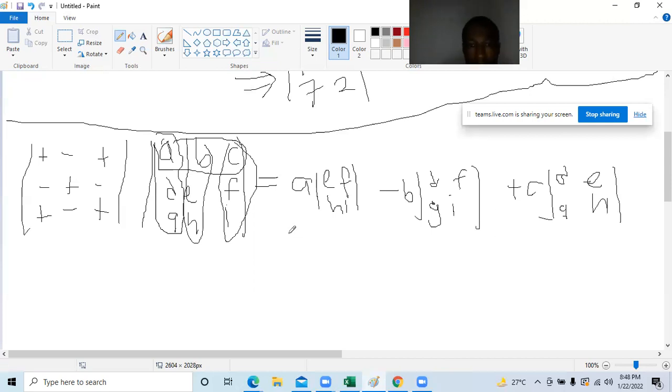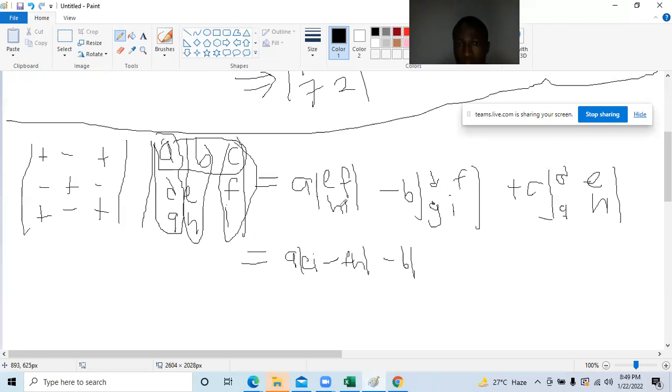So basically, as a way of solving, making this more generic, this is going to be A into brackets. Don't forget it's this minus this. So this is going to be EI minus FH, minus B into... okay, it's not GF.